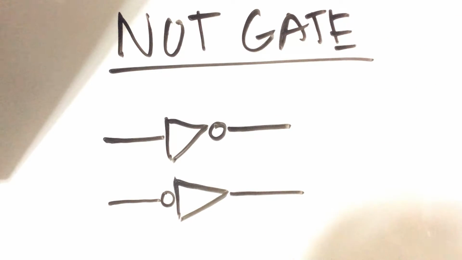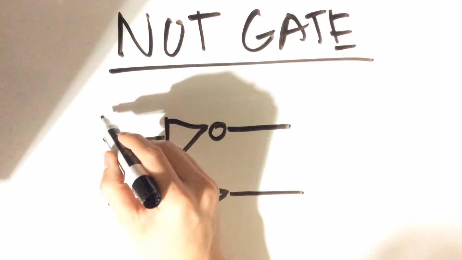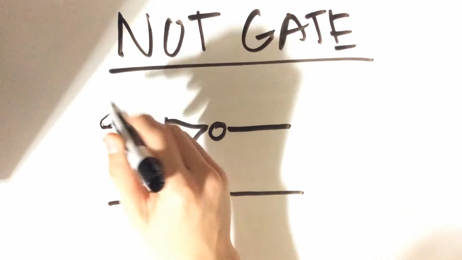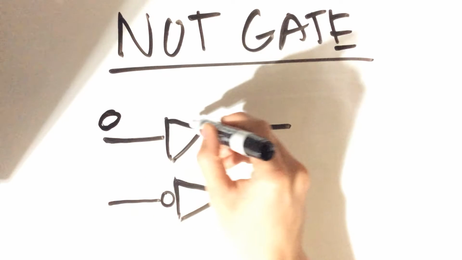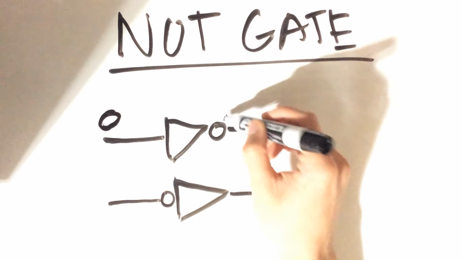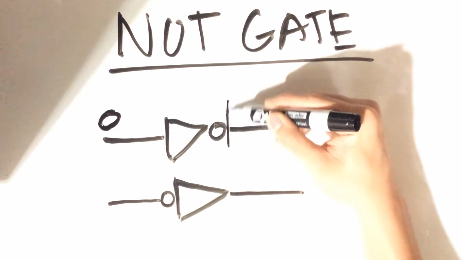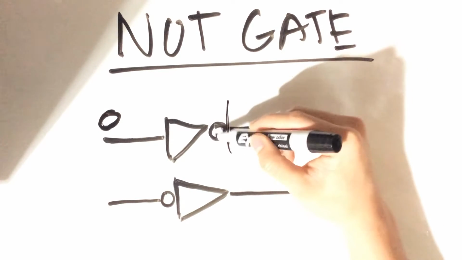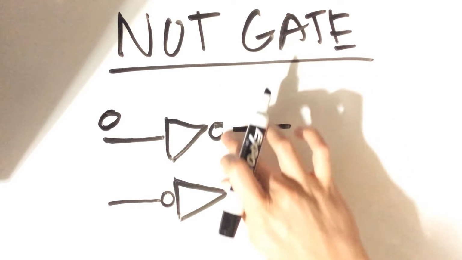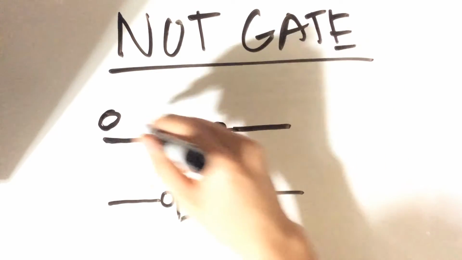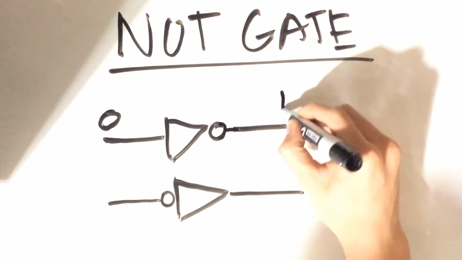So let me give you an example here. For instance, if we had a 0 here, our input was 0. Now it goes through our inversion gate. At the end of this point right here, after the inversion bubble does its thing, the value of 0 is now going to be 1.